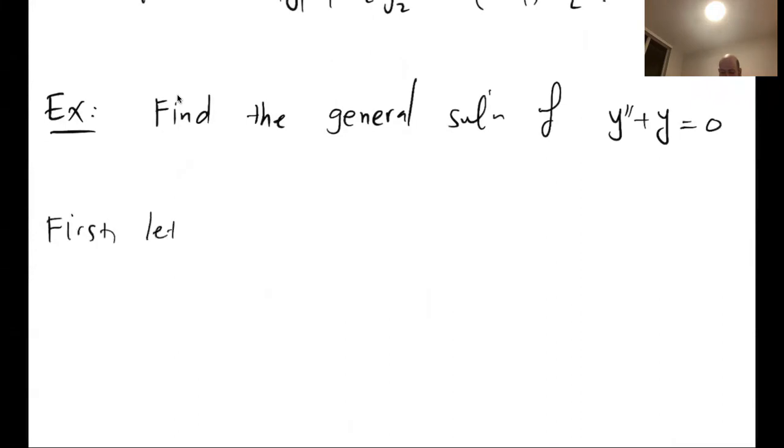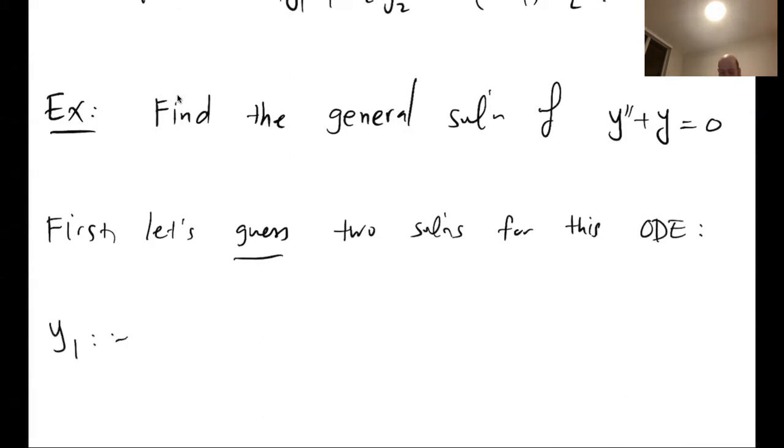So first, let's guess. For the moment, let's guess the solutions. Later, I'll tell you the recipe for how to find the solutions. But for now, let's guess two solutions for this ODE. The first one, y1, let's consider it as sine x.